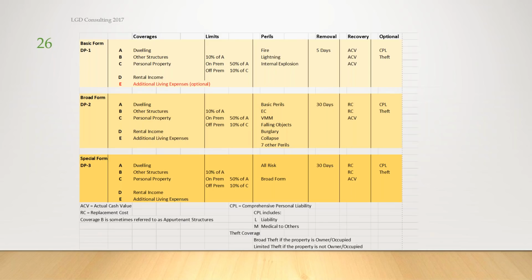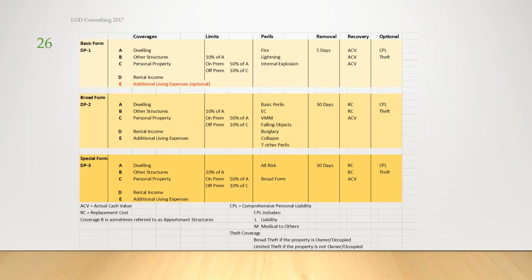So about 2/3 across this chart, if you look at the perils, a DP1 only covers 3 perils: fire, lightning, and internal explosion. Right below that, the broad form DP2, we cover those basic perils, plus we add the extended coverages, right? Remember the windstorm, hail, aircraft, riots, vehicle, explosion, and smoke. We do provide vandalism and malicious mischief, where under DP1, you'd have to add those on.